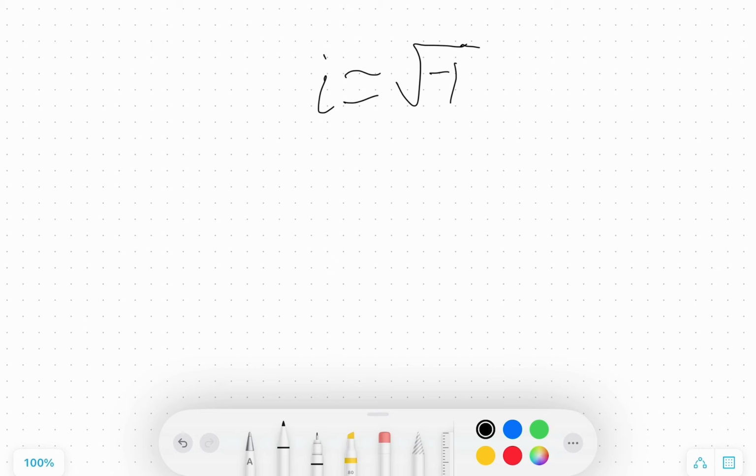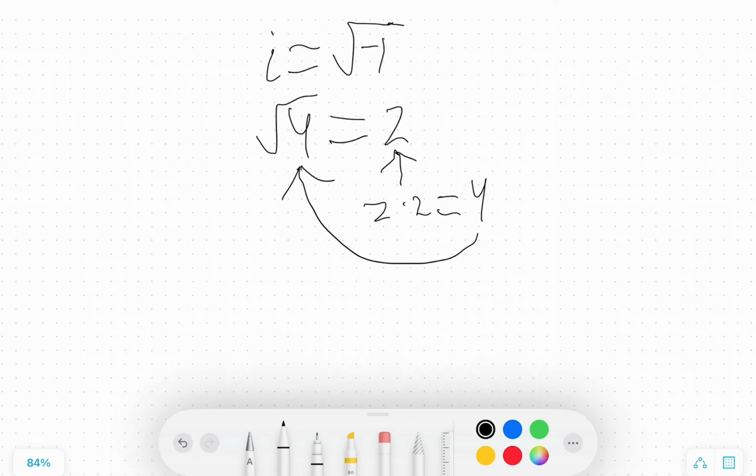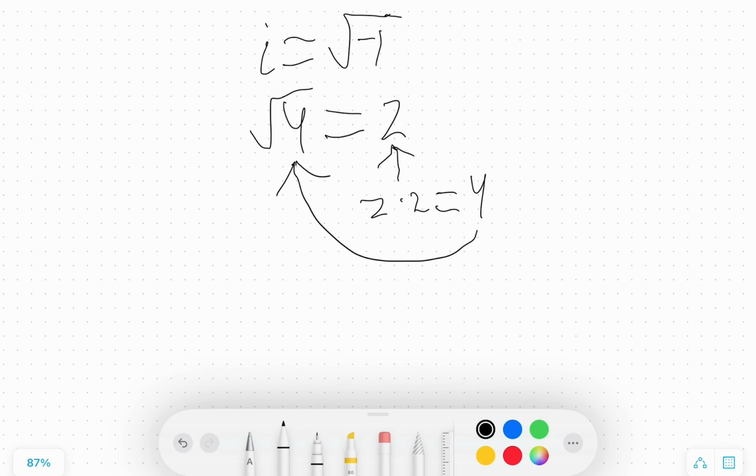Now, with square roots, if I take the square root of 4, this equals 2. Whatever this number is, multiplied by itself, this will get the original number in the square root. But we don't have a number that multiplied by itself will get the square root of -1.